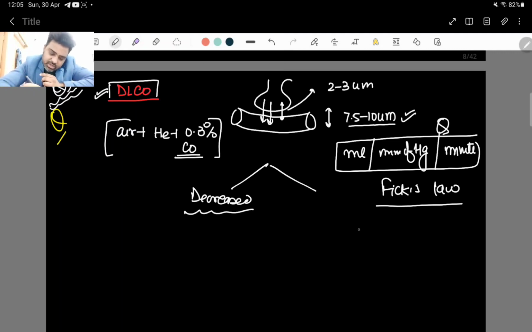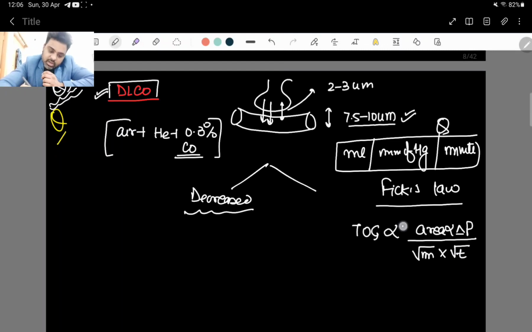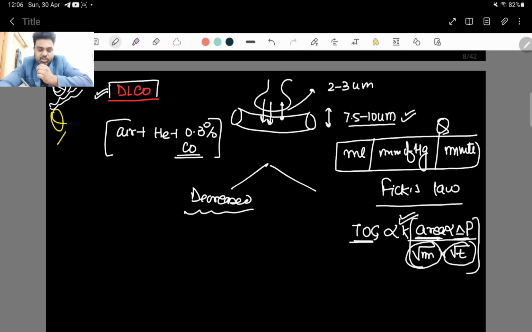It says that the transfer of gases is directly proportional to the area and the partial pressure, and inversely proportional to the molecular mass and the thickness, where K is the diffusion constant.